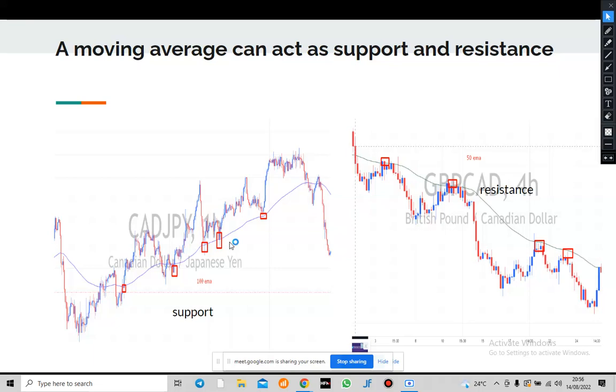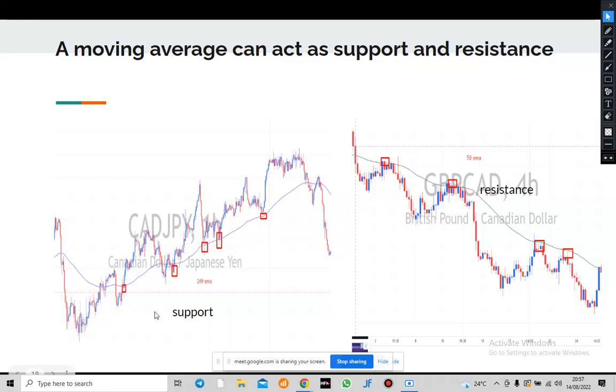Which means I'll be expecting the price to make a turn, a downtrend or uptrend, from this level. So I don't depend only on moving average. I depend on how I'm going to predict the market using moving average, also included with any other factor for me to analyze the market.